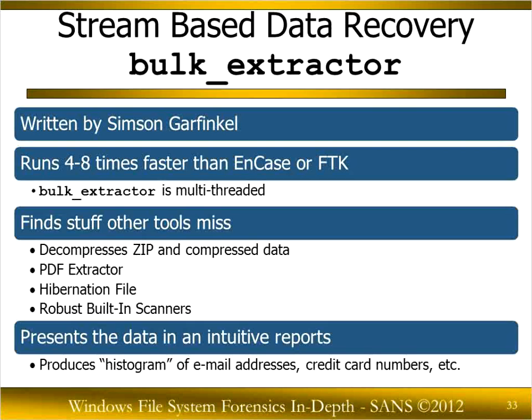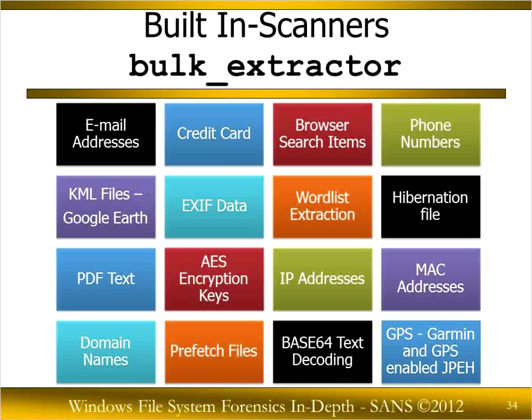It's going to automatically detect and decompress zip stream data, and do PDF extraction. If it discovers a hibernation file, it'll also be able to extract the data from the hibernation file. There's a ton of built-in scanners in Bulk Extractor as well. It'll automatically pull out email addresses, credit card info, AES encryption keys, prefetch file information.